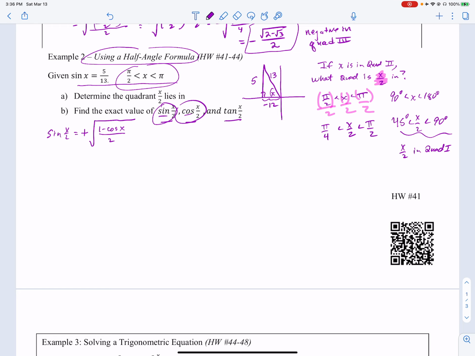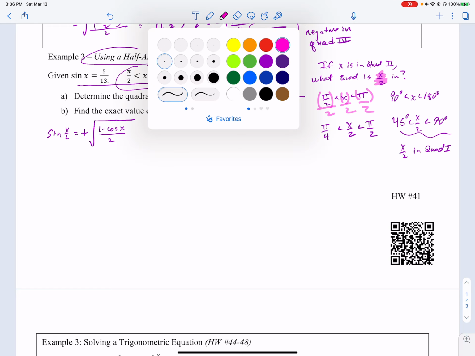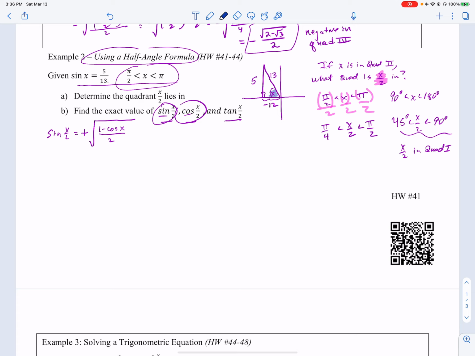And that's where we are going to use this triangle because we have the reference angle there of x. And x is in quadrant 2, cosine in quadrant 2 is negative. And cosine is going to be adjacent over hypotenuse. So cosine of x is going to be a negative 12/13, all over 2.